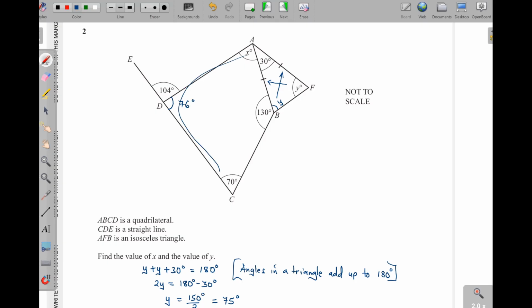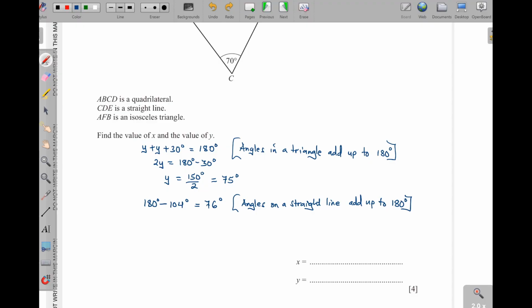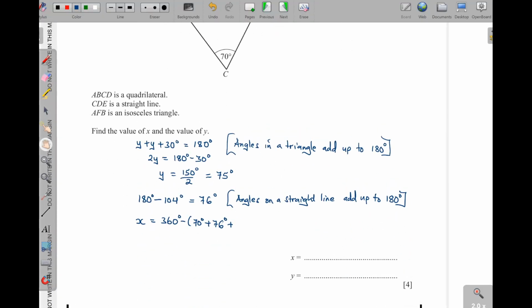Now we can add these angles and equate to 360. So x is equal to 360 minus, there is a 70, there is a 74, no, it's actually 76 that we have just gotten, and then the other one is 130.